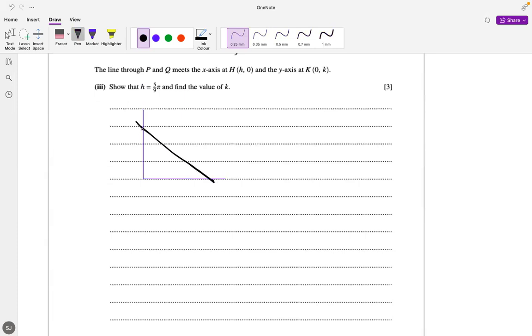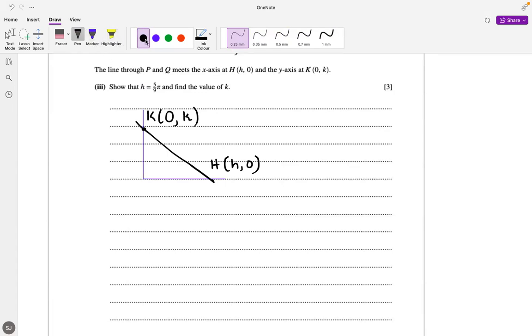The line through those 2 points intersects the x-axis at the point h comma 0, so the point H has coordinates h comma 0, and on the y-axis at K, which will be 0 comma k.